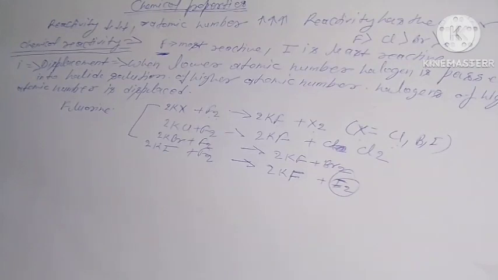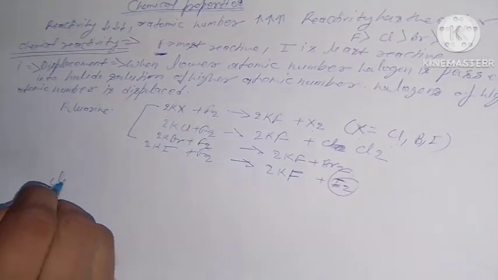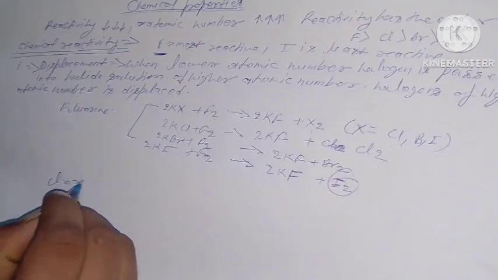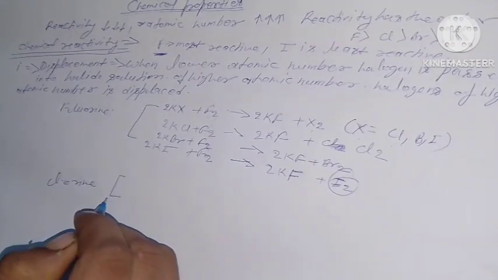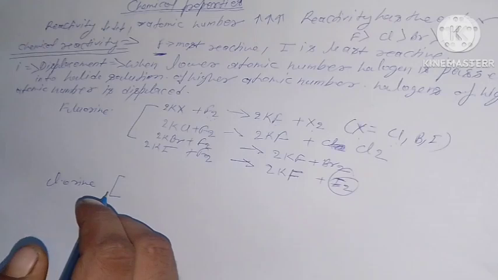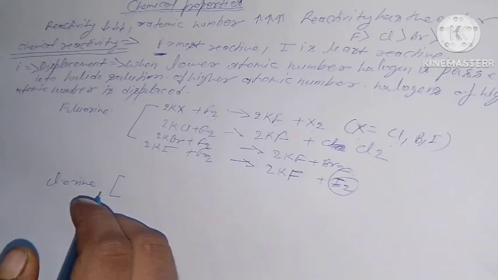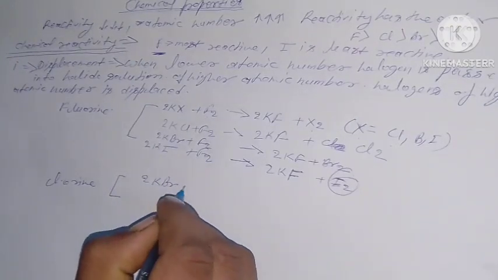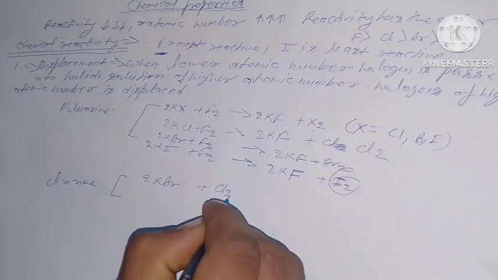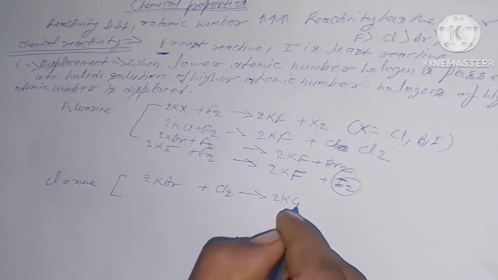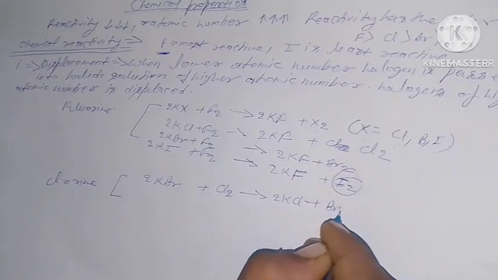After fluorine, the next element of the halogens is chlorine. Chlorine displaces bromine and iodine. 2KBr, potassium bromide, plus Cl2 gives 2KCl plus Br2.